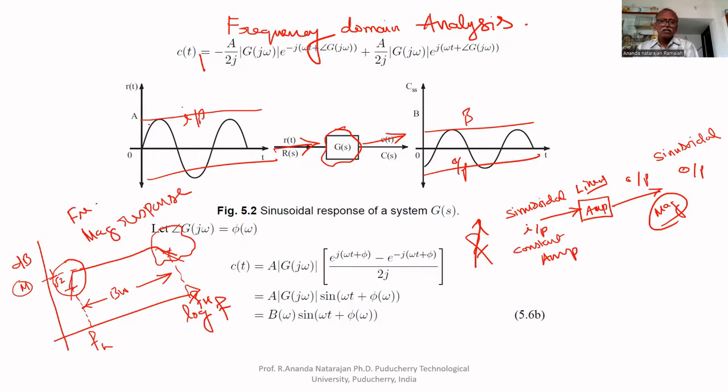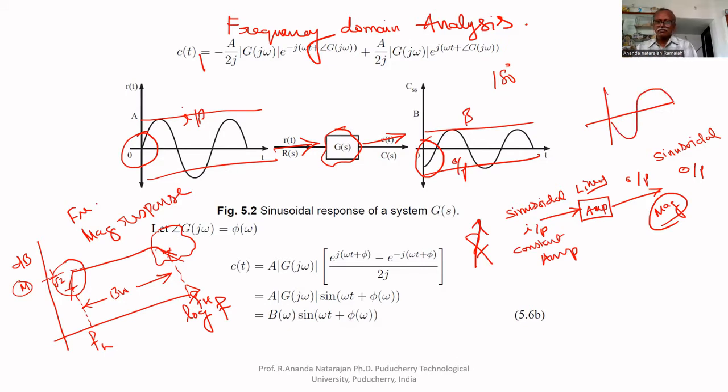You can also notice that there is a phase shift between input and output. You know that for an amplifier, the total phase shift is 180 degrees. Let us assume it is 180 degrees for all frequencies. If you give a signal like this as input to an amplifier, you will get a 180 degree phase shift like this.